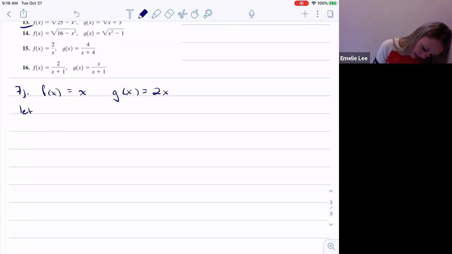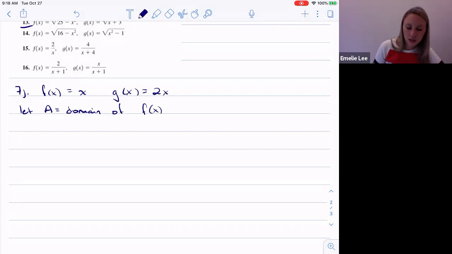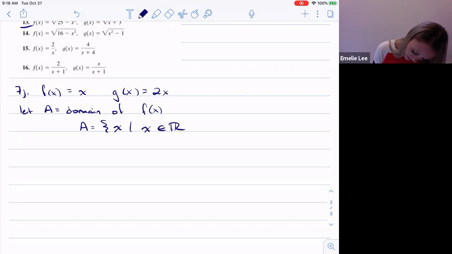If we let A be the domain of f of x, then A is the set of x in the set of real numbers. There's lots of ways that we could do that. In fact, maybe I should do x given that x is in the set of real numbers, or such that.